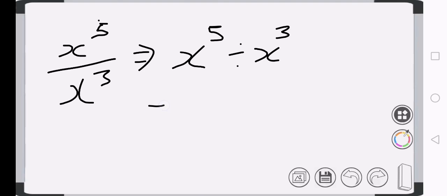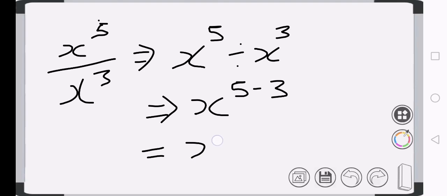So this will be equal to x to the power 5 minus 3. So 5 minus 3 is 2. So x to the power 2. That is simply our answer. Just like that. Simple and straightforward. You can answer any question involving indices.